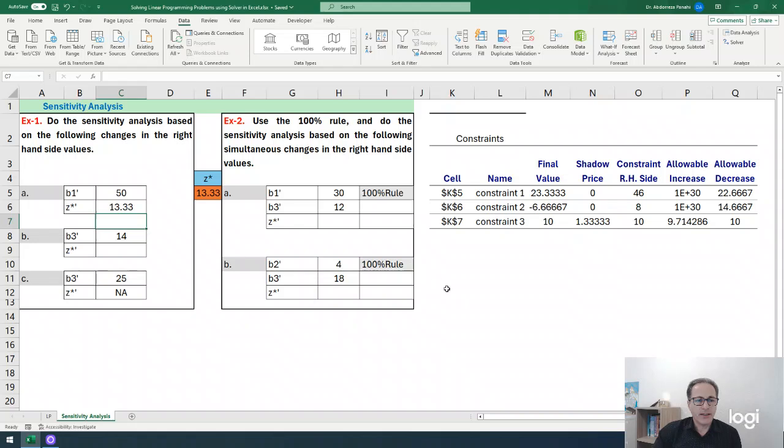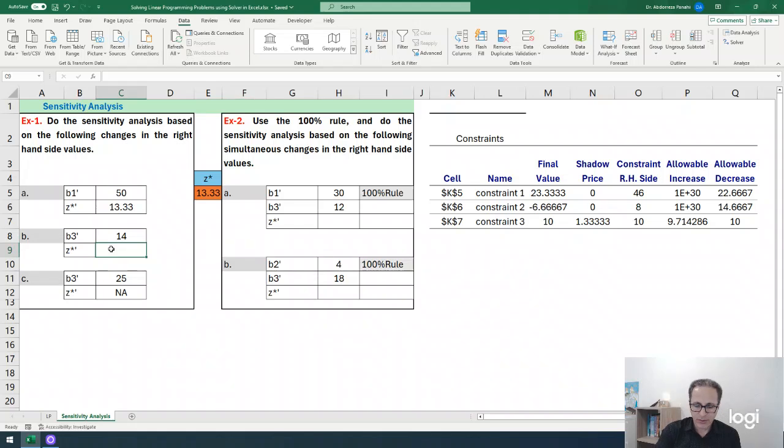Now, if I click on this cell, I will see that these cells are related to my answer: old one, shadow price, new one, and old value of the right hand side. But since the shadow price is 0, nothing happens, Z star is the same. For B3, the third one, the shadow price is not 0, so we are going to have some change.